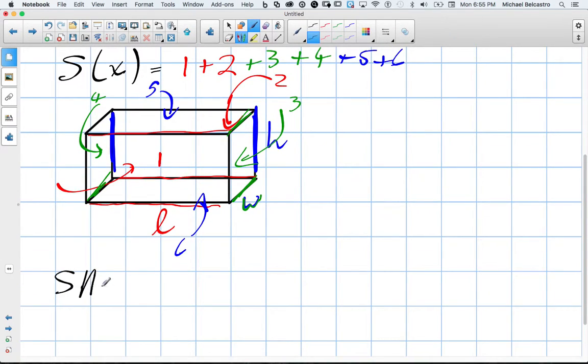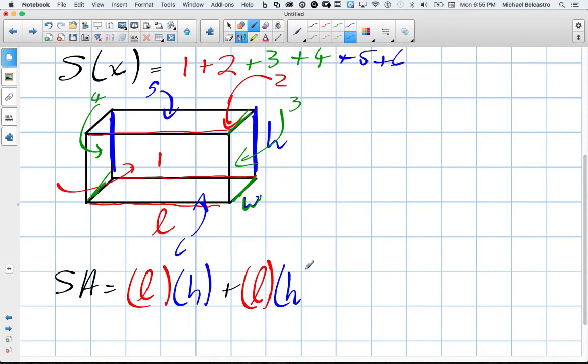So again, our surface area. Side 1, we said, was our length, so we have L times our height, plus side 2, which is the exact same, L times height. Side 3 was width times height, so we have our width times our height, and then duplicating again, same thing, width times height.